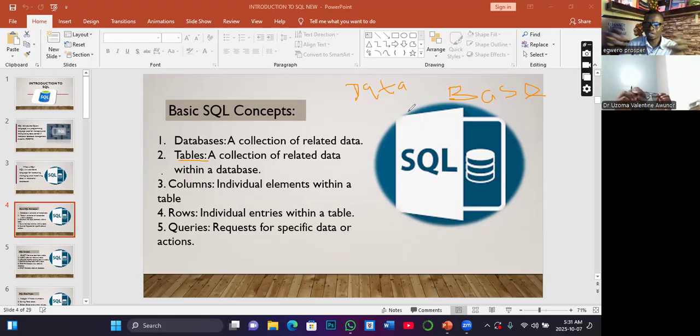There is what we call cardinality. Cardinality is the art of measuring the relationship degree between one table and the other, where you can now say, okay, table A and table B have one-to-one cardinality, which means one-to-one relationship.